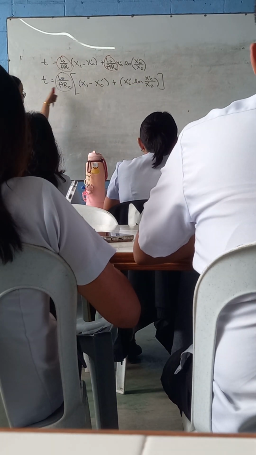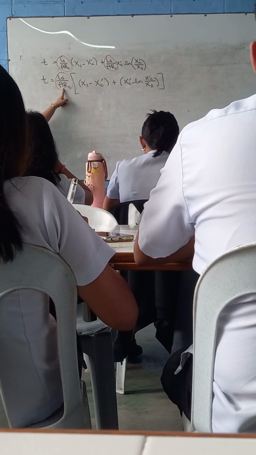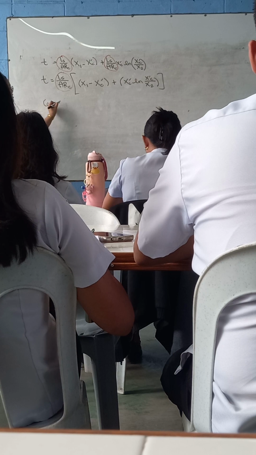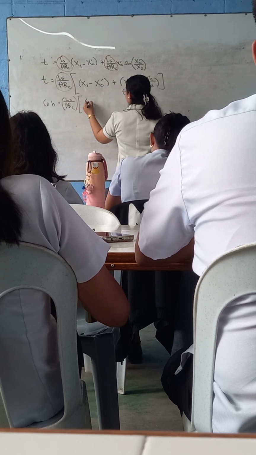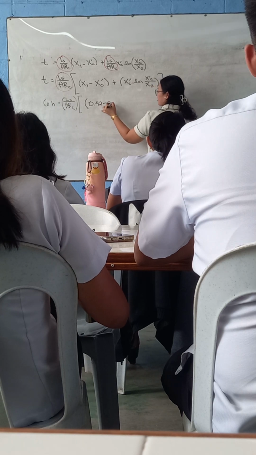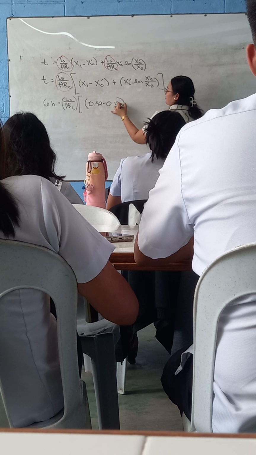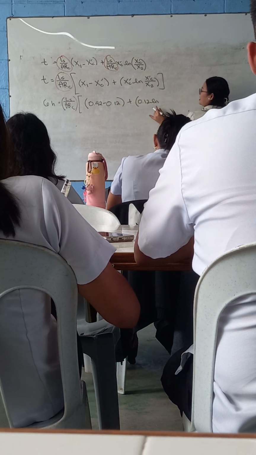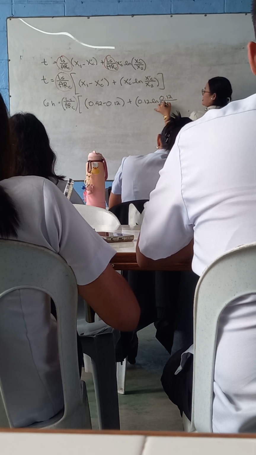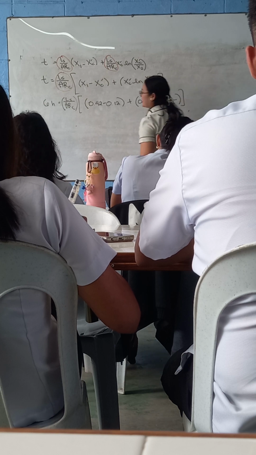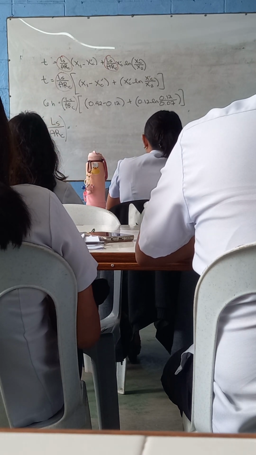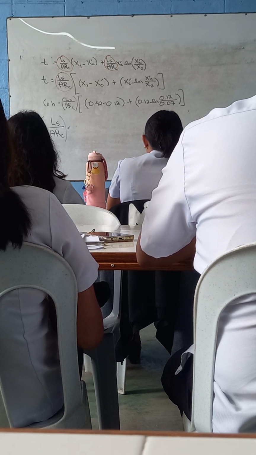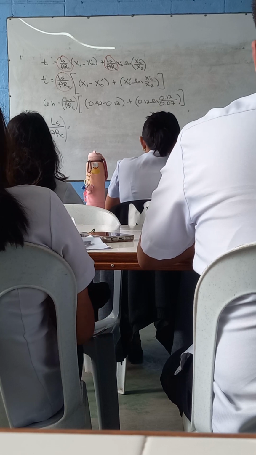So we are ready to solve this equation, just to determine Ls over A Rc. So how much is our time? 6. 6 hours is equal to Ls over A Rc times the quantity 0.42 minus 0.12 plus 0.12 ln of 0.12 over 0.07. Ls over A Rc is equal to 10.78.